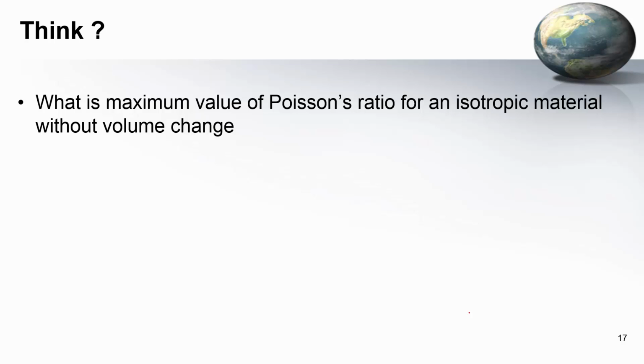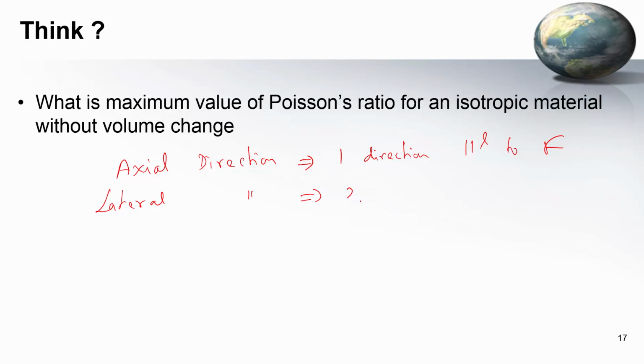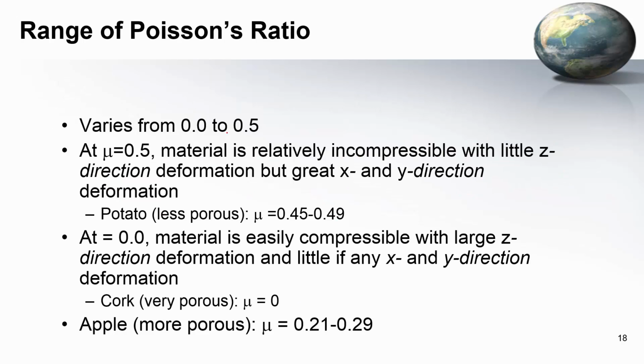So what is the maximum value of the Poisson's ratio? Like I said, the axial direction is one direction, which is parallel to the applied force, whereas the lateral directions are two of them, perpendicular to the applied force. So you are compressing it in one direction, but it's expanding in two directions. Therefore, the maximum value is 0.5.